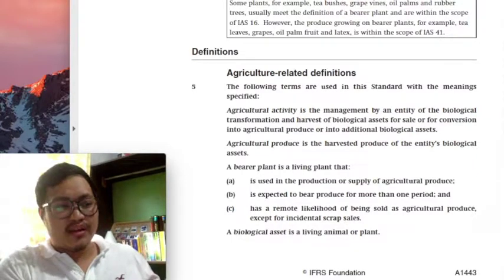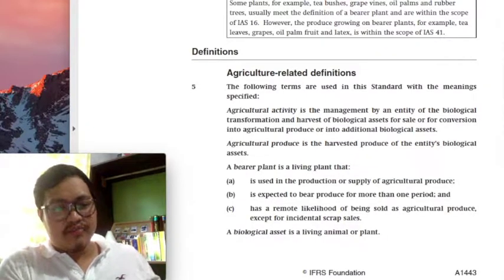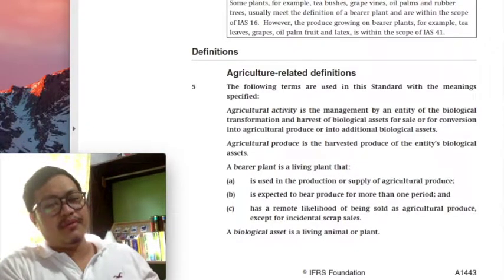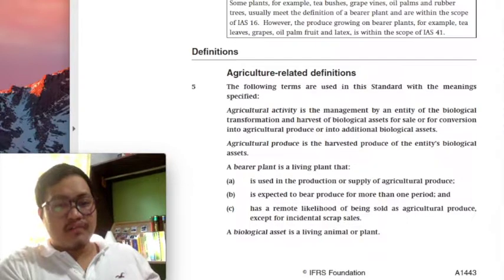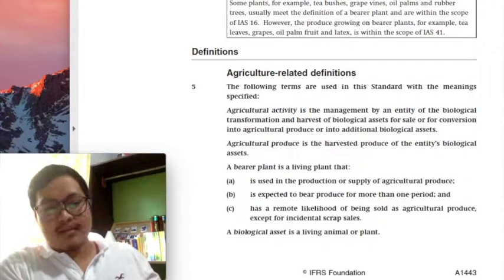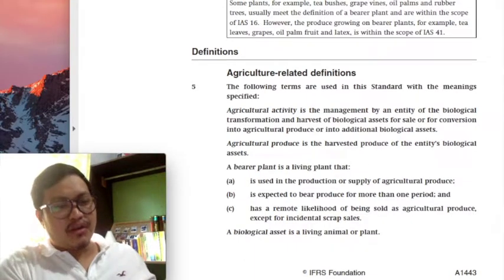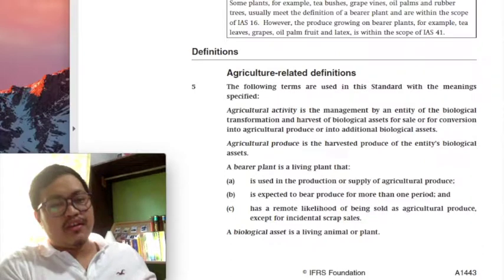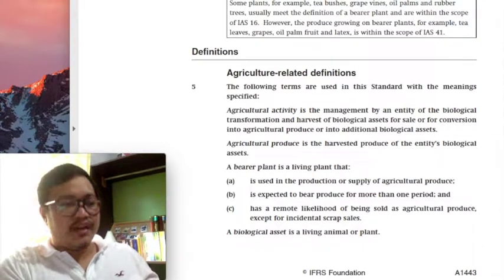You will always have a market for chicken meat, class. The same goes for all other farm animals. So that's why we will not have a bearer animal as far as the concept of bearer plant is concerned. But please understand, class, it is a plant, a tree, but because of the use of such tree, it would be classified as a PPE.